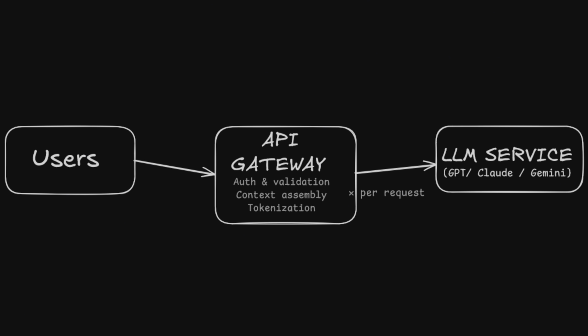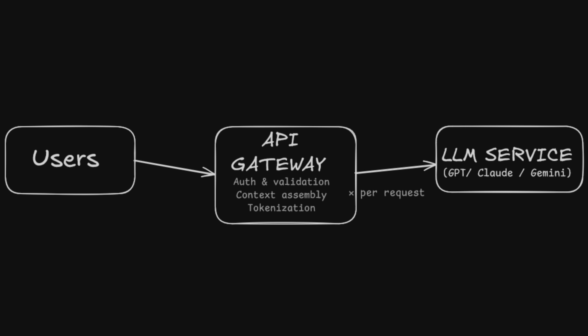Because real systems don't process requests. They process traffic patterns, bursts, retries, background jobs, edge cases. What looks like a single request on a diagram is rarely a single request in production.